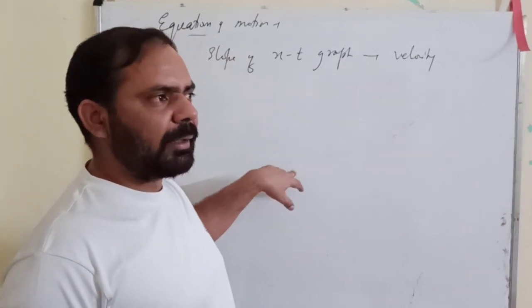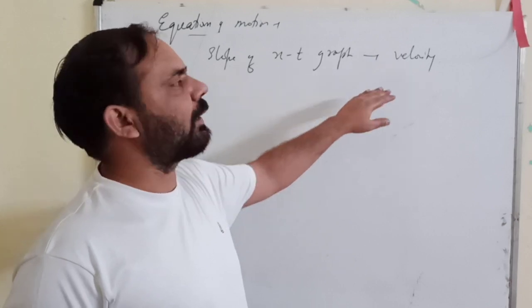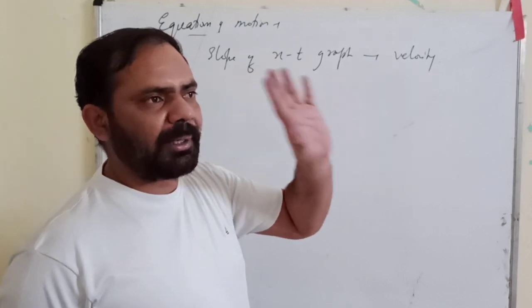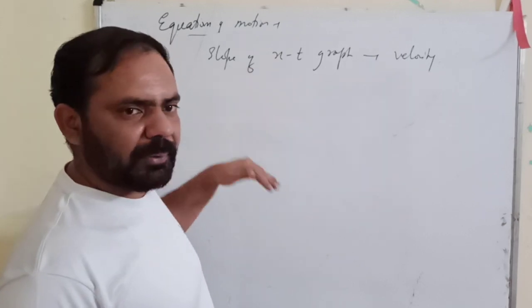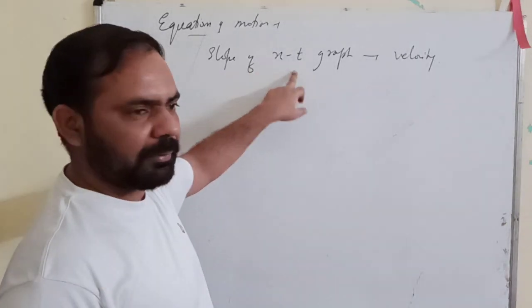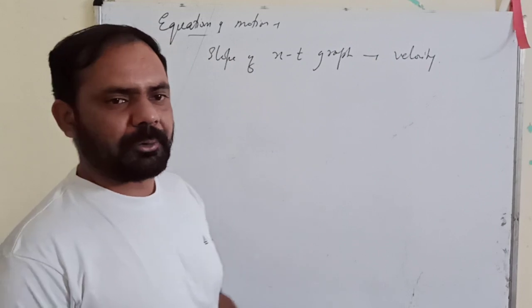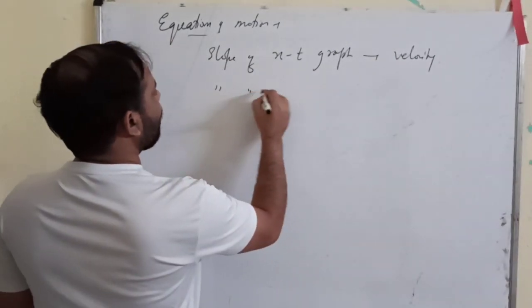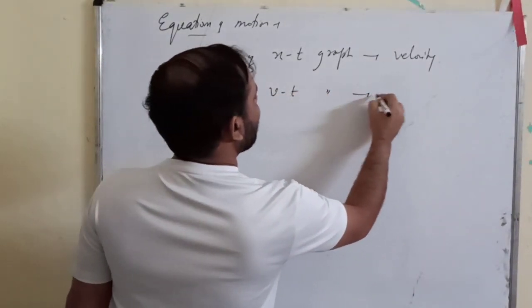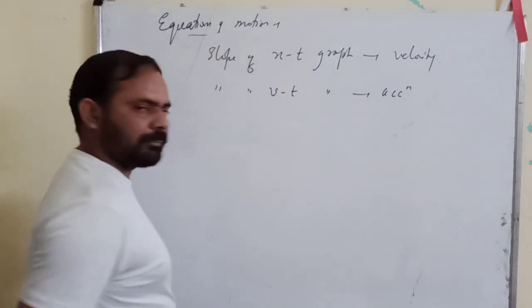Suppose you have a curve; if you find the slope of the chord, it will be the average velocity. I am just mentioning what you get from the graphs. The slope of the x-t graph gives you the velocity, and the slope of the v-t graph gives you the acceleration.